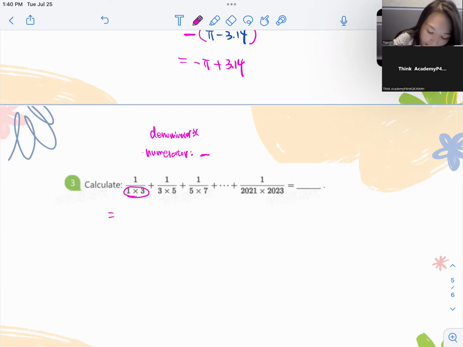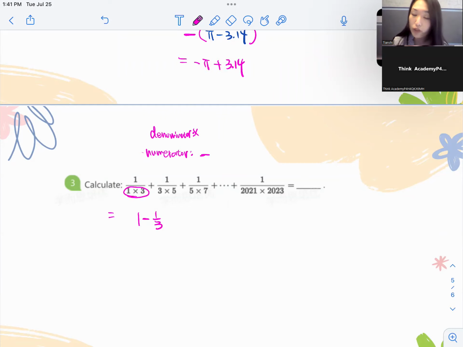So let's do the splitting. The first term can be split into 1 minus 1/3, but actually the result is 2/3 instead of 1/3.